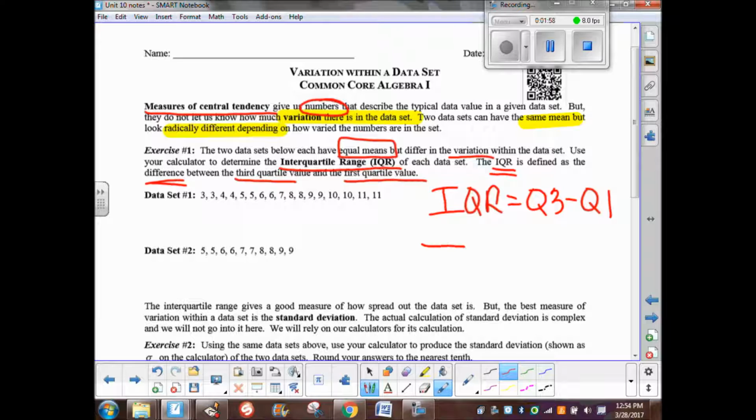If I were to draw some random box plot, this is Q1 and this is Q3. The IQR is the difference, Q3 minus Q1. So it's the box itself on a box plot. Let's go to our calculators and toss both of these data sets in and do the calculation.